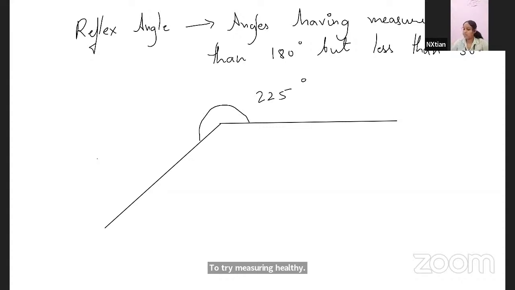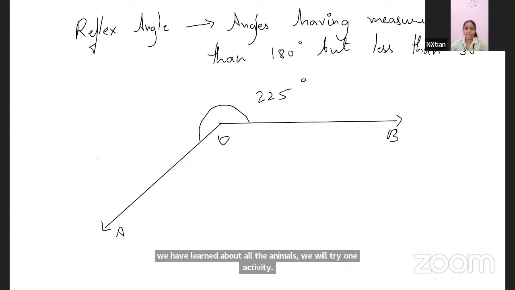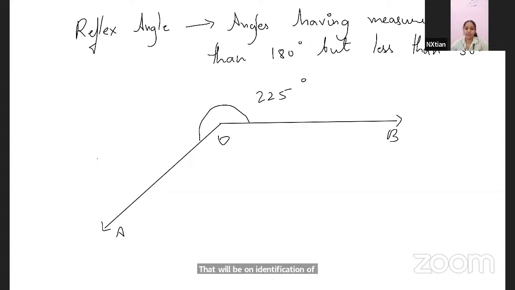Okay, so let's name this one. Angle AOB. After we have learned about all the angles, we will try one activity on identification of angles.